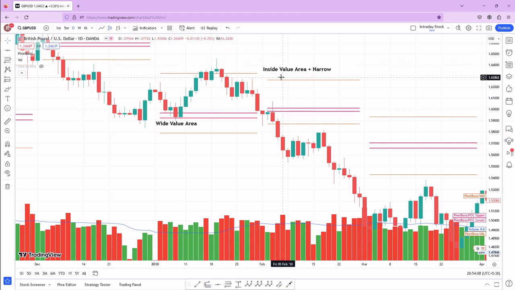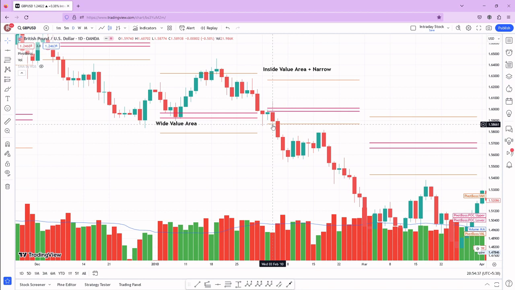And next month, what has happened is it formed a narrow one compared to this, and above that this is the inside value area. As it is an inside value area, and narrow compared to the previous wide value area, we know the possibility of a major breakout opportunity and a trending nature is highly there.